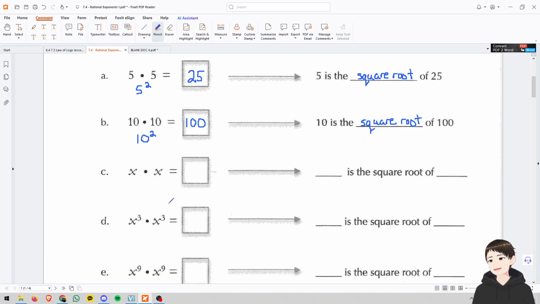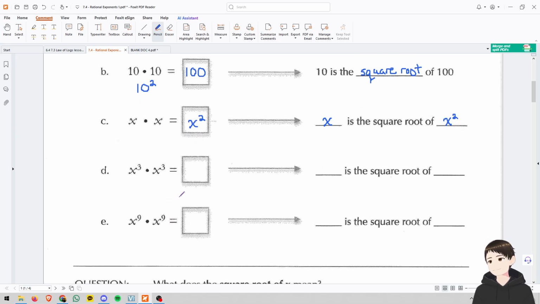What about if I take out the actual value of the base and just put a generic x variable? X times x would be written as x squared. So you can say that x is the square root of x squared, right? X is the root of x squared.